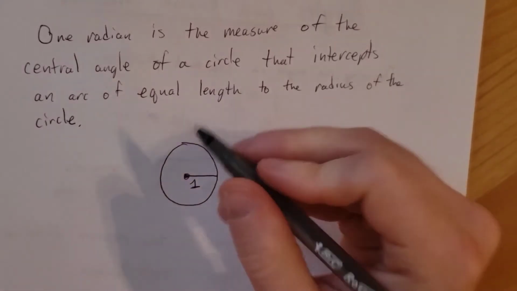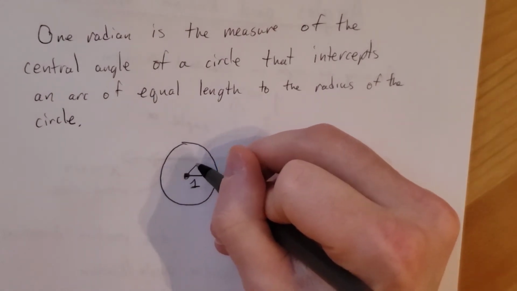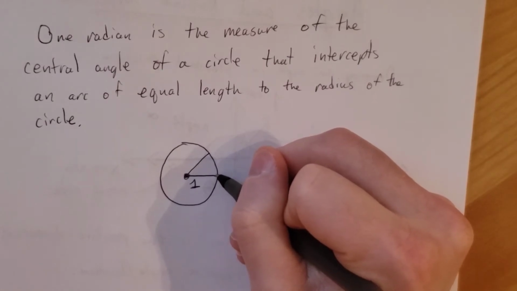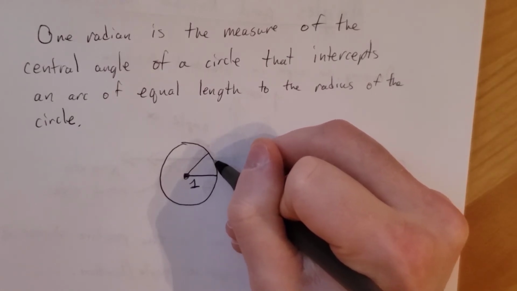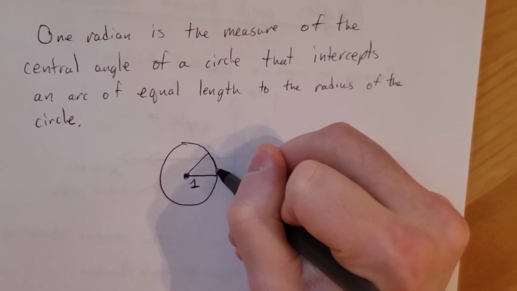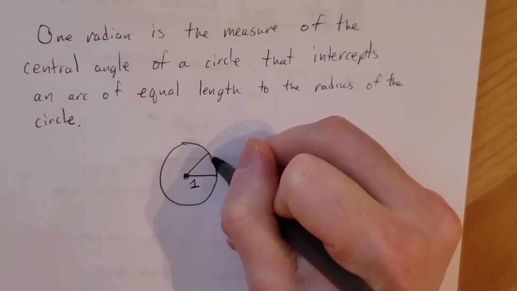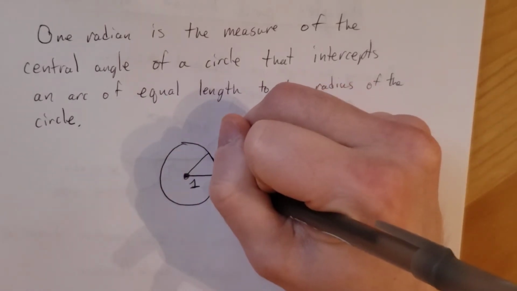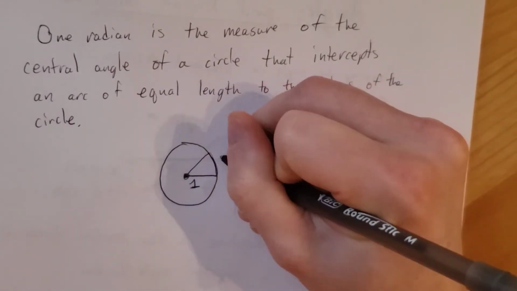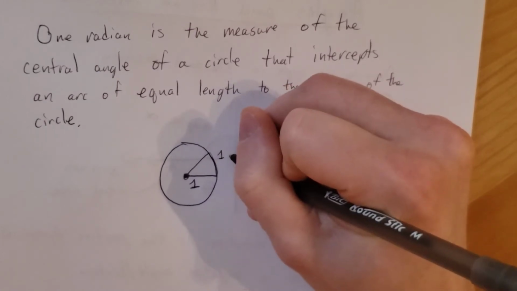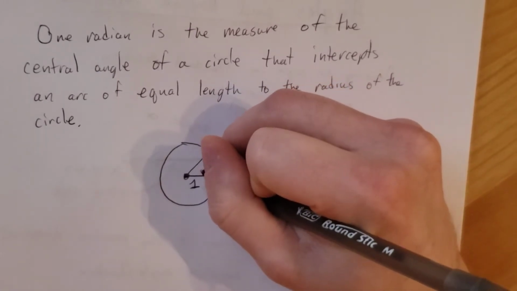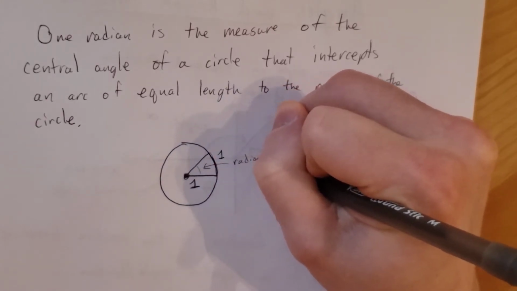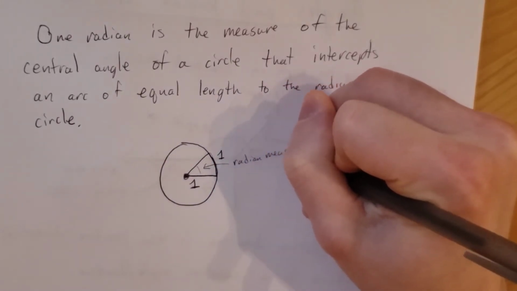What this means is if we rotate our terminal side until this length is 1, then this angle here has radian measure 1.